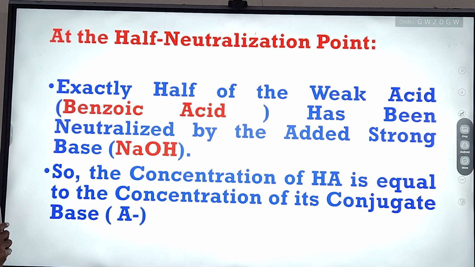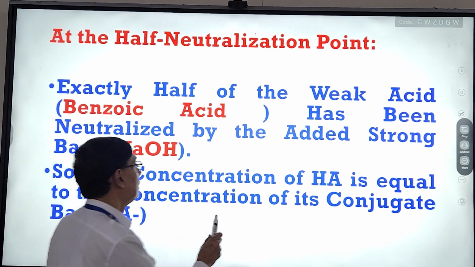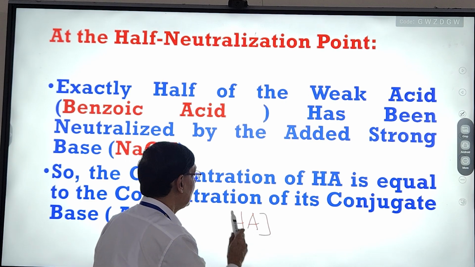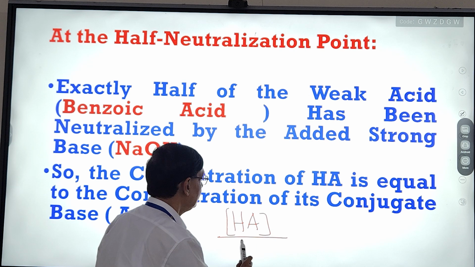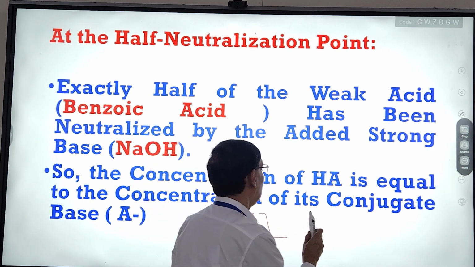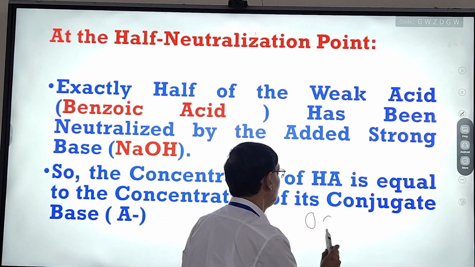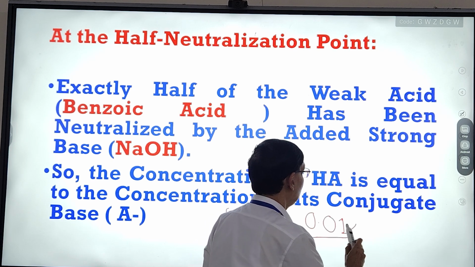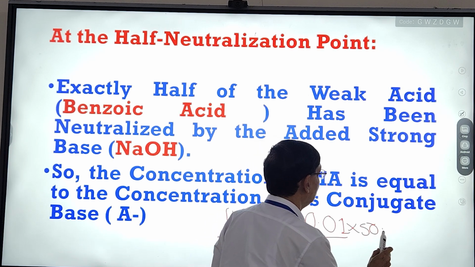So the concentration of this HA, I'll show you by taking the example, our case is 0.01 and 50 ml. So I can calculate in 1000.